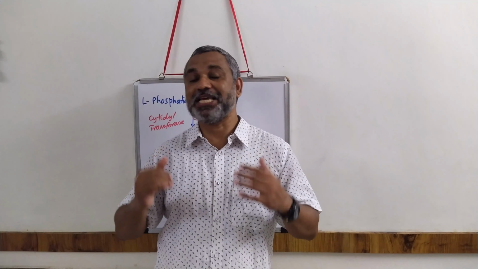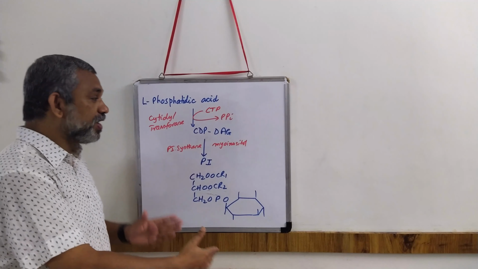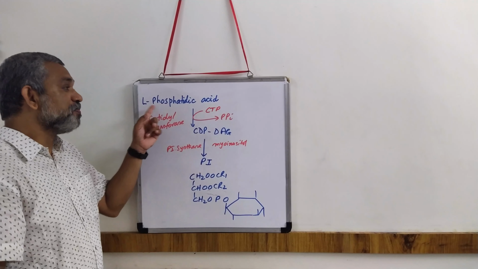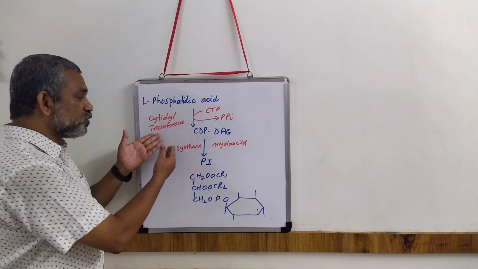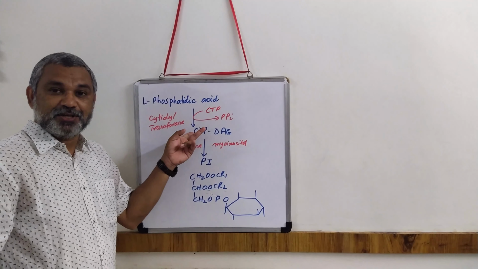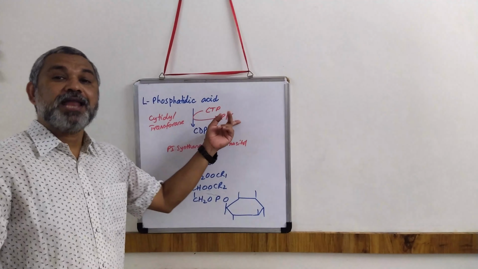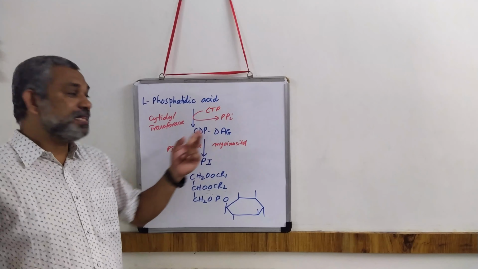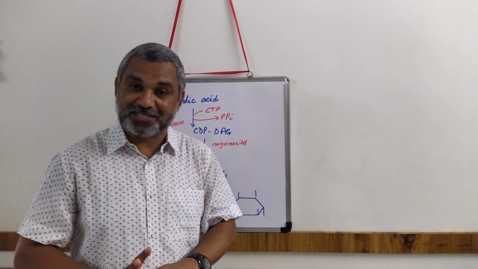Inositol triphosphate originates from this phosphatidylinositol. I've written the pathway here; it all begins with phosphatidic acid. A CTP molecule is added to the phosphatidic acid, so it becomes CDP diacylglycerol and pyrophosphate is removed. The enzyme responsible for that is cytidyl transferase.